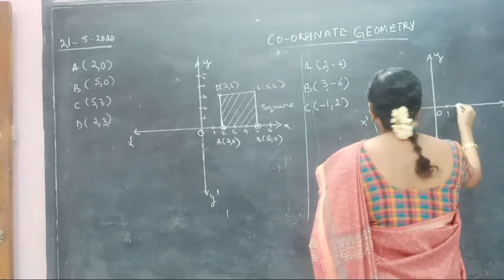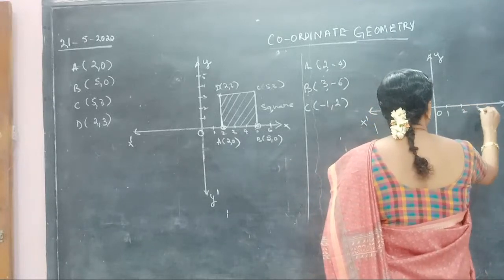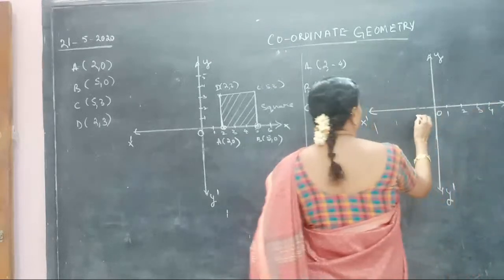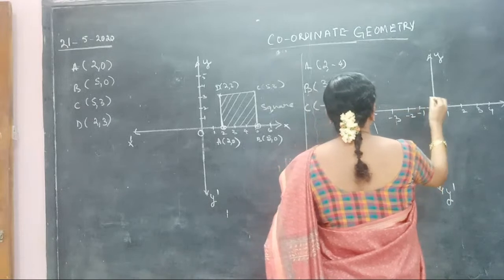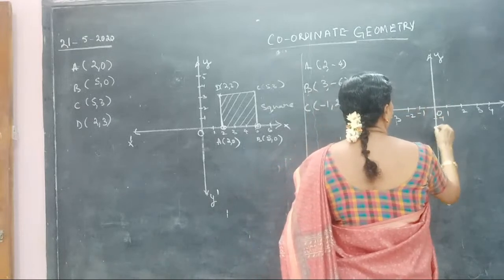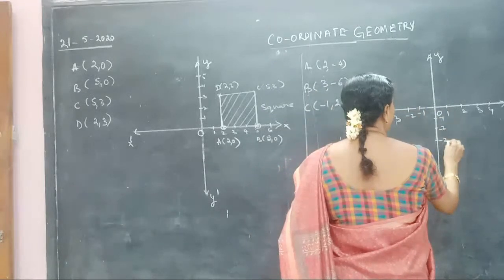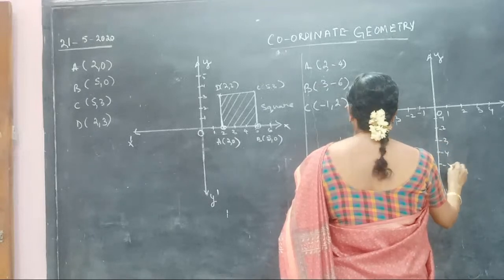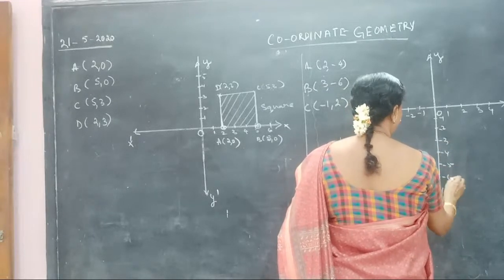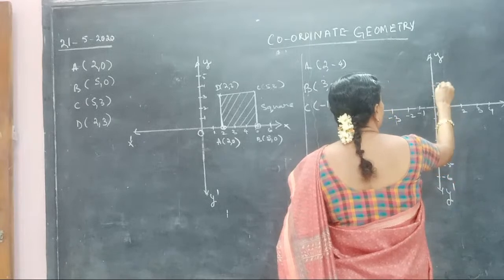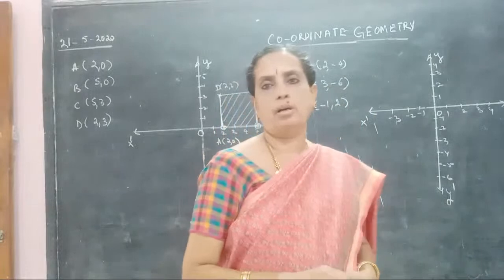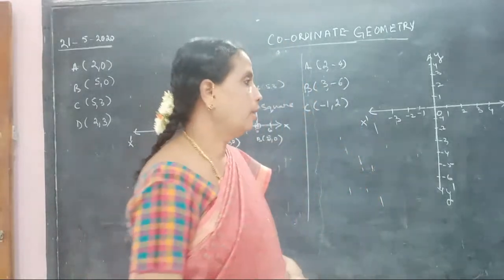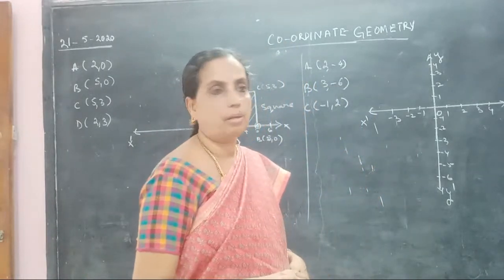So plus 1, plus 2, plus 3, then minus 1, minus 2, minus 3, minus 4, minus 5, minus 6, maximum minus 6. Now after getting the skeleton figure of the Cartesian plane, here comes the plotting of the points.